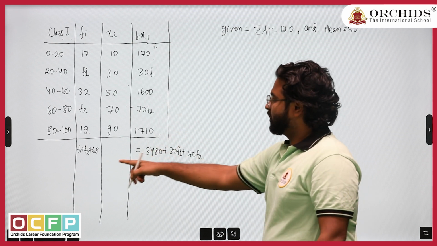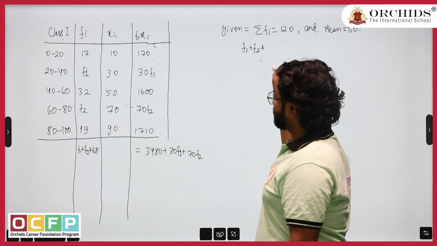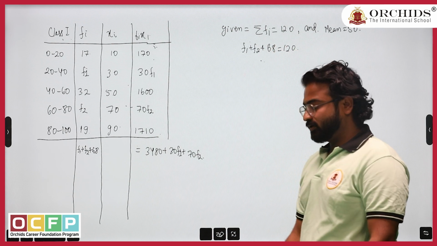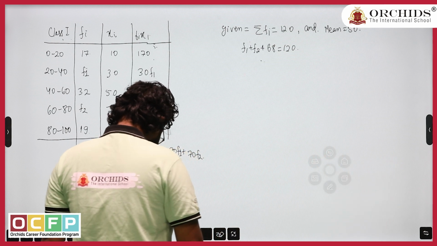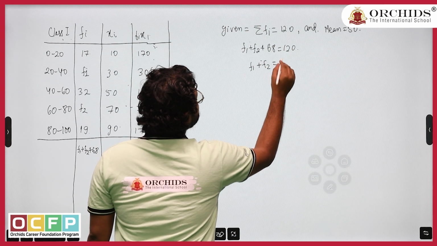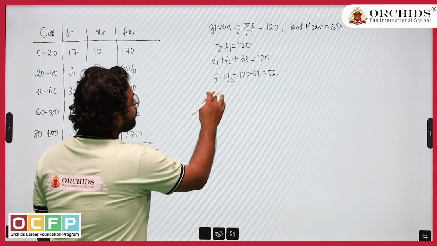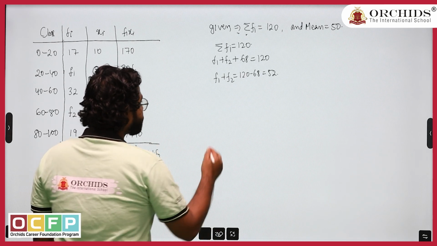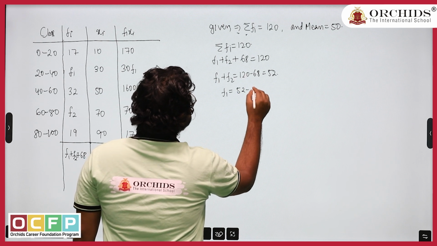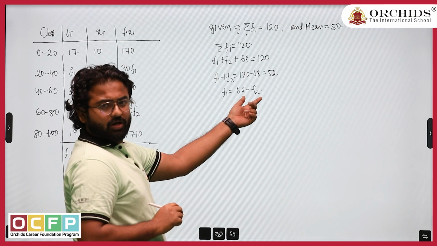Sigma fi means this value, so f1 plus f2 plus 68 is equal to 120. So we can figure out the f1 plus f2 value. F1 plus f2 will go this side, you have to subtract. So we are getting f1 plus f2 is equal to 52. So I can say that f1 is equal to 52 minus f2. I got the value of f1 in terms of f2.